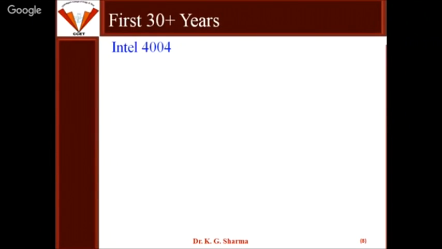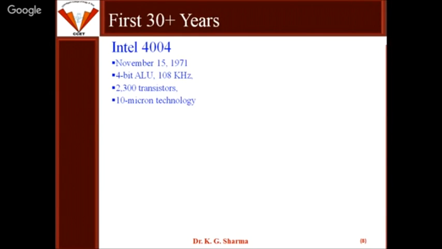So if we talk about the first 30 years of VLSI, from 1970 to 2000, the first Intel processor was the 4004, produced in the market on November 15, 1971, using a 4-bit ALU with a 108 kilohertz clock, around 2300 transistors, and 10 micron technology.